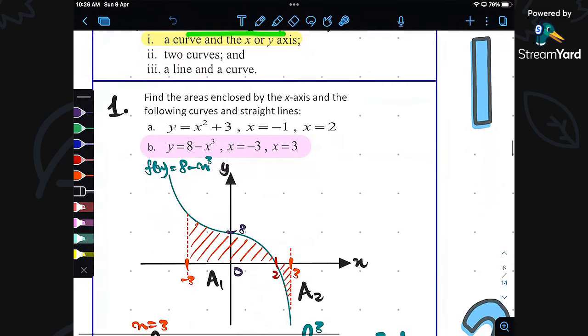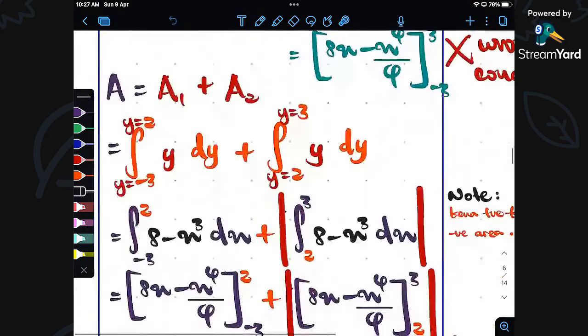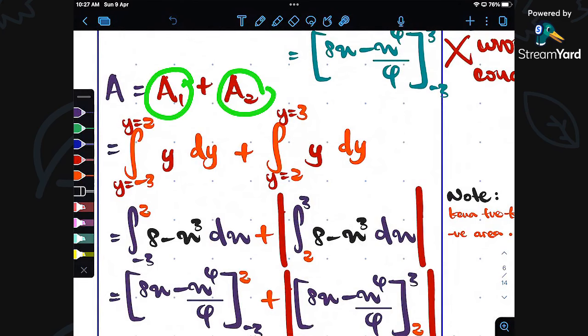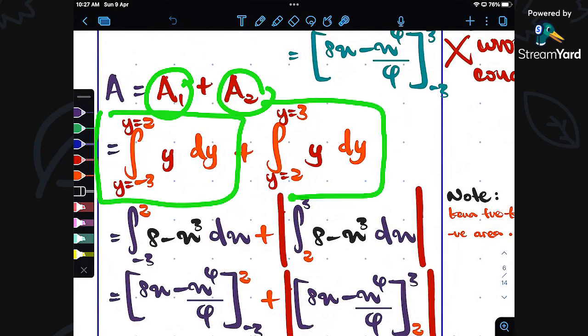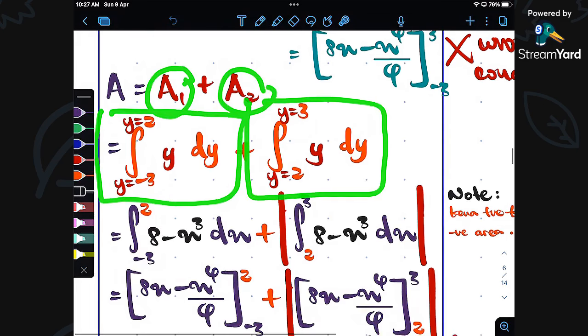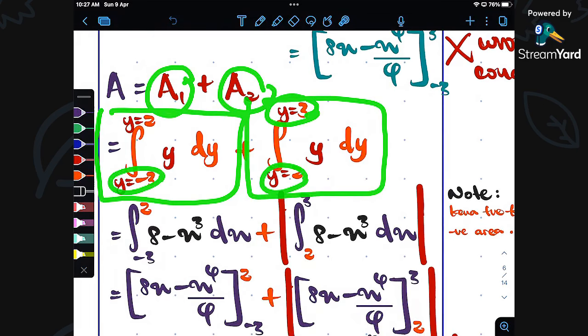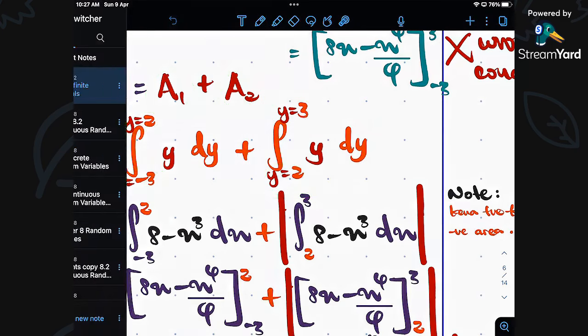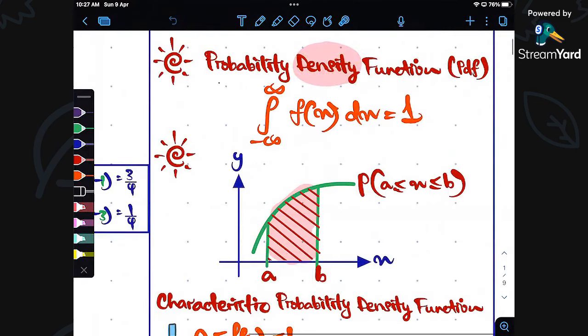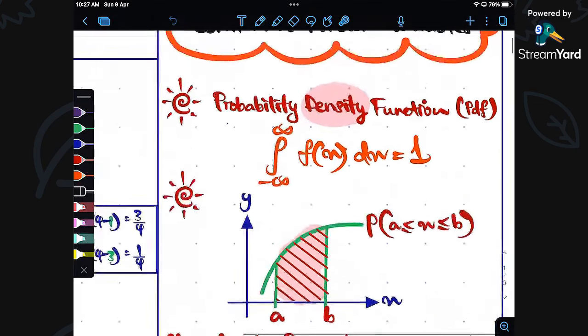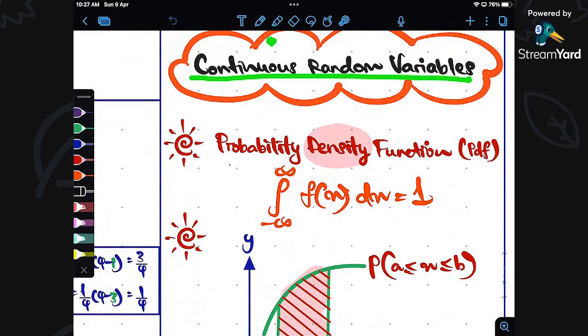So in order to find the area of the region, we sketch the graph first, isn't it? And then we shade the region. After we shade the region, we find the area, A1 and A2, by using the knowledge of integration. Remember? Integration from a limit to another limit. So you have learned this before, and we will use that knowledge in this topic 8.2 continuous random variable.